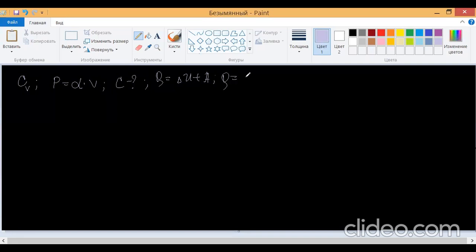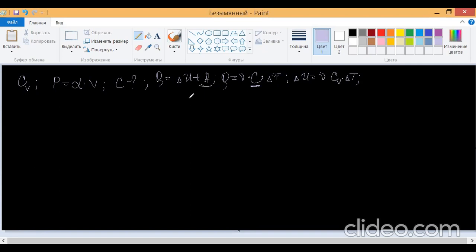Q, in turn, is equal to the number of moles of the gas, nu, times C, its molar heat capacity, times delta T, the change in temperature. And this is our target, okay? Delta U is equal to nu times CV times delta T, okay? And the situation with A isn't clear.